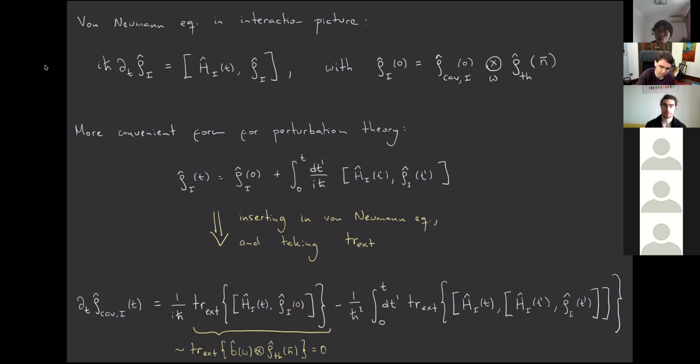okay? And on the other hand, in this expression, I will just make one convenient variable change, which is I change t prime by t minus tau. Okay, just a variable change that simplifies a bit the expression.